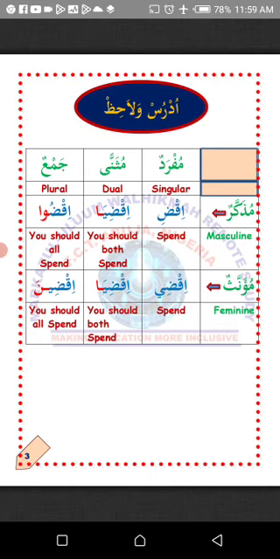So the verb iqdi will now become iqdiya, which means you should both spend. So if there are more than two, you replace ya'un in iqdi with nunun carrying fatha. So the letter before it would now take sukun. So the verb iqdi will now become iqdina. La'allaka fahimt? I hope you understand.